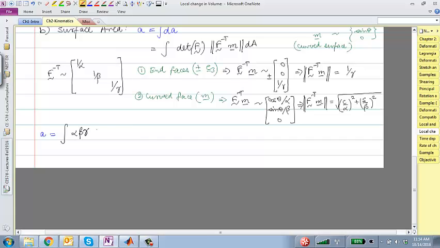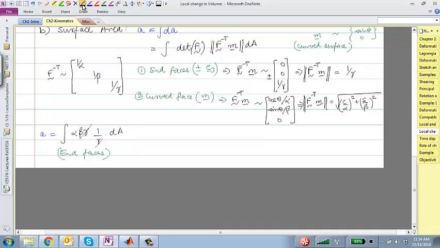For the end faces, I have alpha, beta, gamma, 1 over gamma times dA. And this is constant, so gamma, gamma cancel off. And what I get is alpha, beta times integral dA. Alpha, beta is a constant, it comes out of the integral.